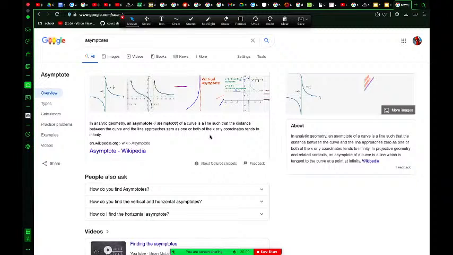That's just a really complex way of saying that the curve gets super close to the asymptote, but it never actually reaches it, even as it goes to infinity. It just gets closer and closer, even smaller than the Planck length, but it never actually reaches it. So that's what asymptotes are.